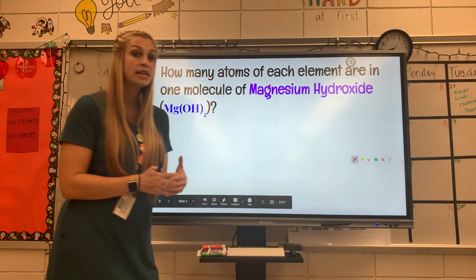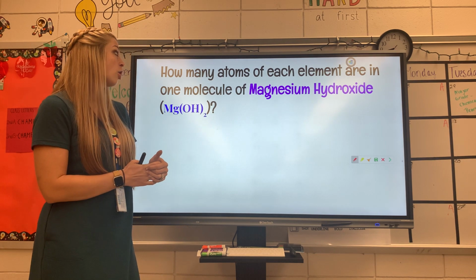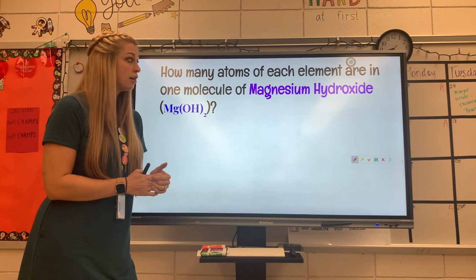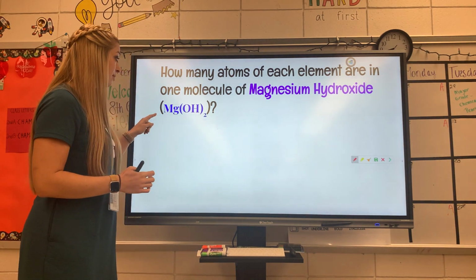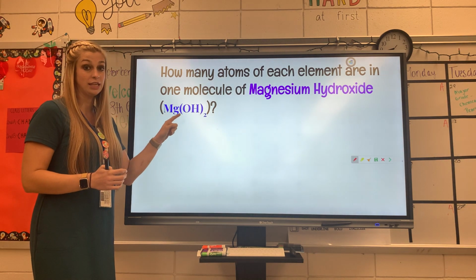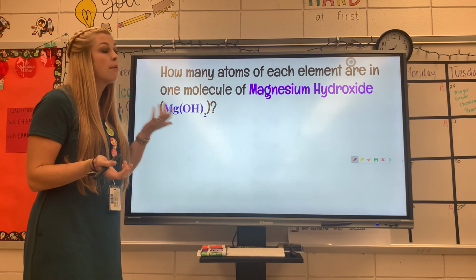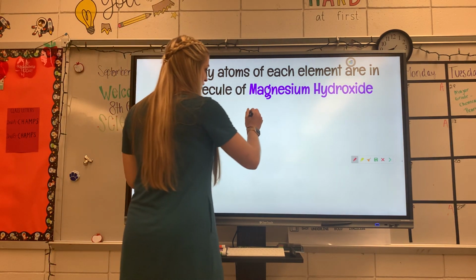All right, this one says, how many atoms of each element are in 1 molecule of magnesium hydroxide? So I'm going to go through the same steps, but this time I see some parentheses in here. So I know this one's going to be a little more difficult, but I'm going to go through the exact same steps. I'm going to make my EA chart first.